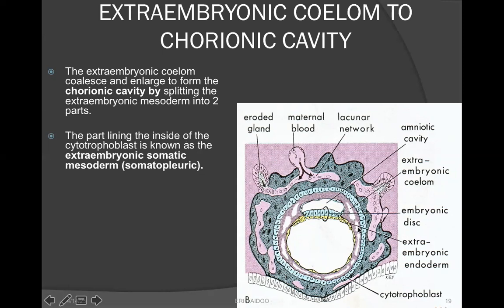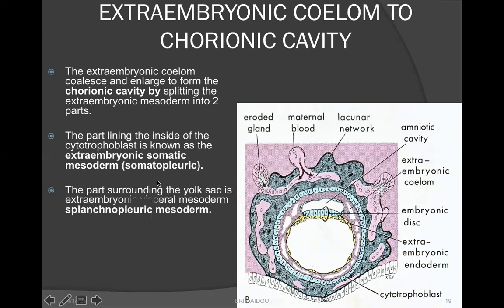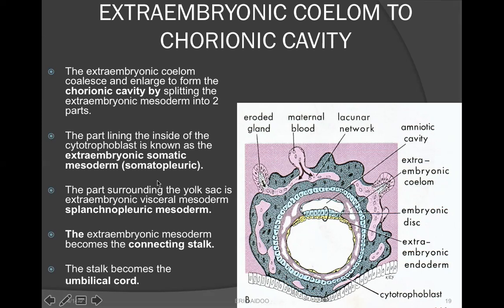Okay. So the one that will be close to the cytotrophoblast will be called the extraembryonic somatic mesoderm or somatopleuric. And then the one that will be closer to the yolk sac will be called the extraembryonic visceral mesoderm or splanchnopleuric. The part that does not split becomes the connecting stalk. Also will form the umbilical cord.